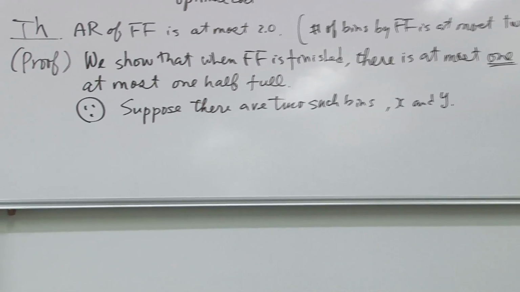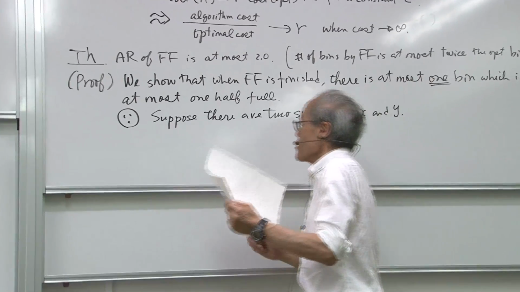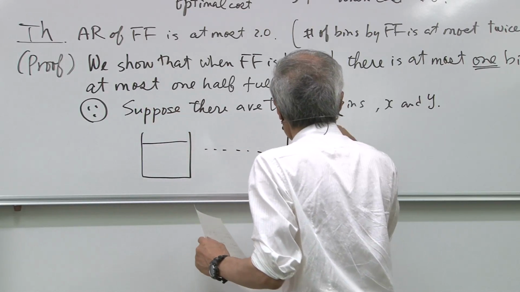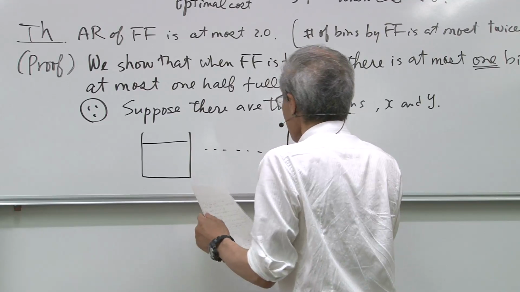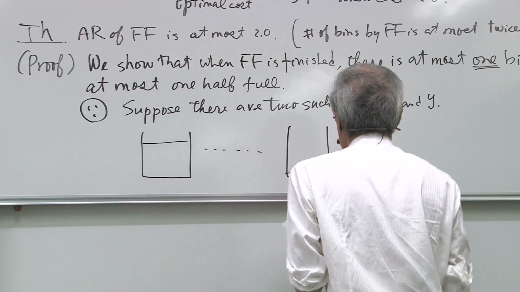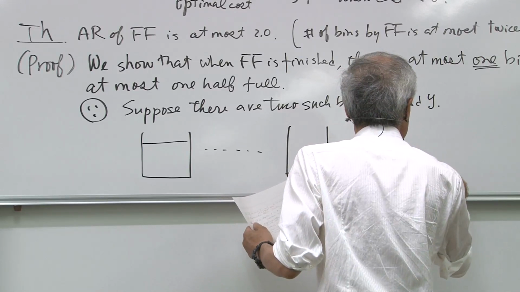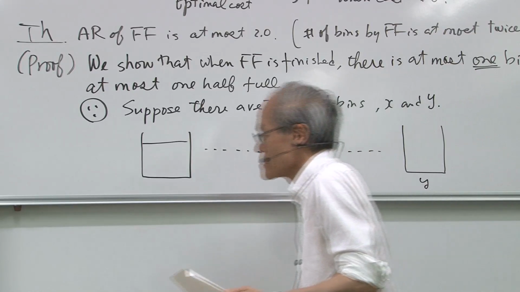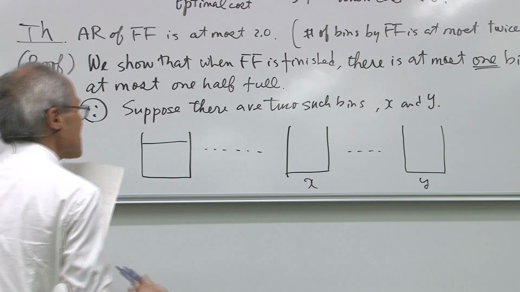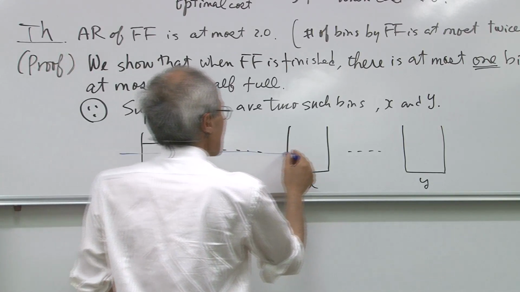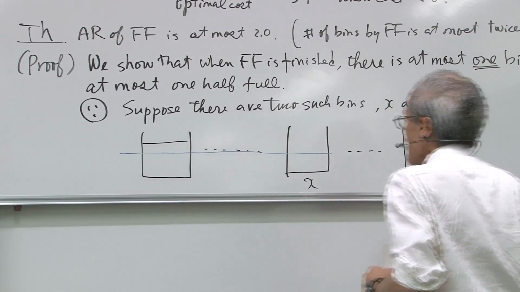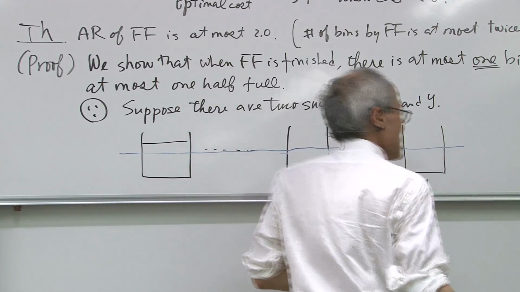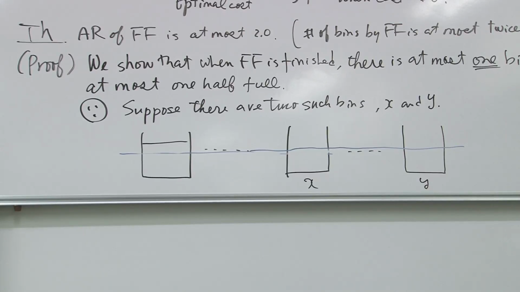Such bins means at most one half full. Here is the half line.